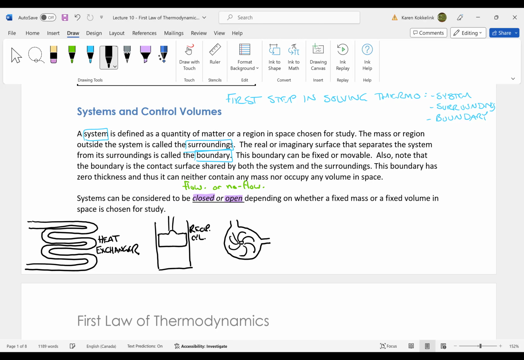It could be a turbocharger, a supercharger, some sort of a turbine. So I'll call this a turbo machine.